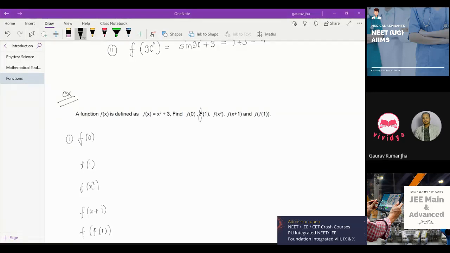I hope everybody has done that. Okay, so the solution would be like this. This is the function's value, right? F of x means x square plus 3. So in place of x we'll put 0. So 0 square plus 3. So answer is 3. Next question is f of 1. So you will have 1 square plus 3. Answer is 4. Correct.